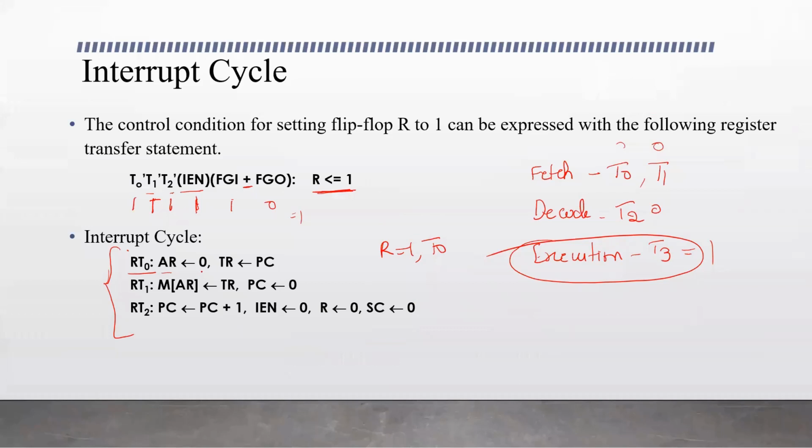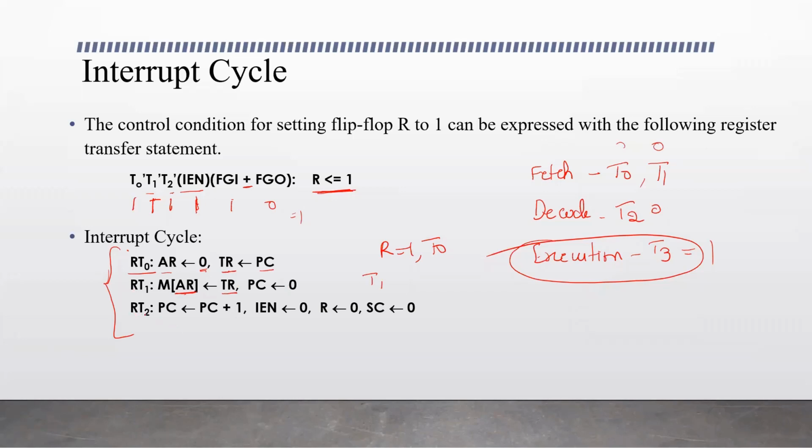The value of AR is set to 0, and the content of PC is transmitted to memory, and before that PC is stored in a temporary register. The content of the temporary register is transferred to the memory address, which is 0 since AR is 0. And PC is also set to 0 at time T1.